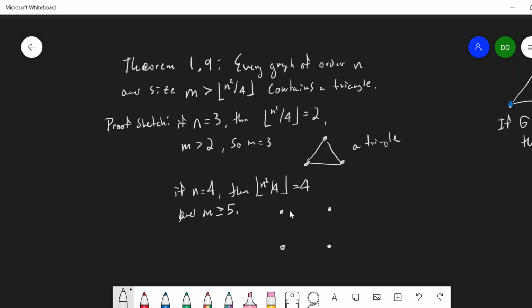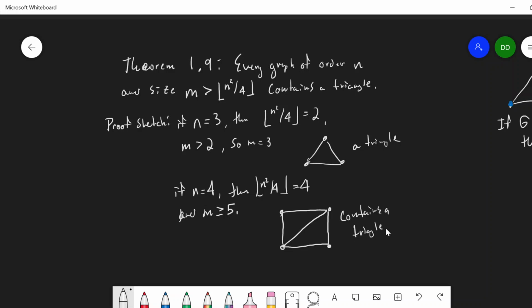Well, we'll have to have at least a couple edges. Maybe I can put these two in. There'll have to be another one. We need to somehow get 5 edges in here. I can't choose this one or this one, as that would produce a triangle, so I would have to put this one in here. I'm up to 4 edges, but now no matter what I do, I would have to put one of these edges in there, which would then form a triangle.